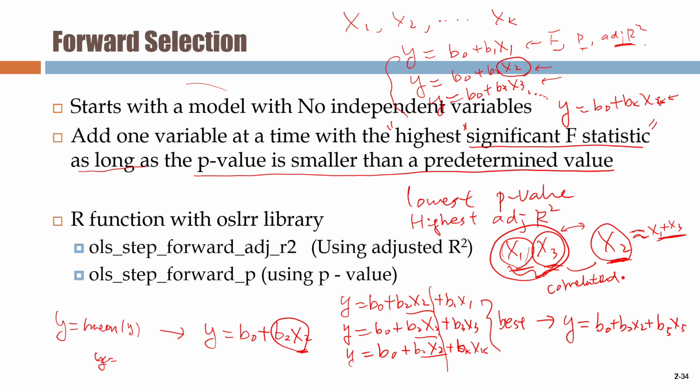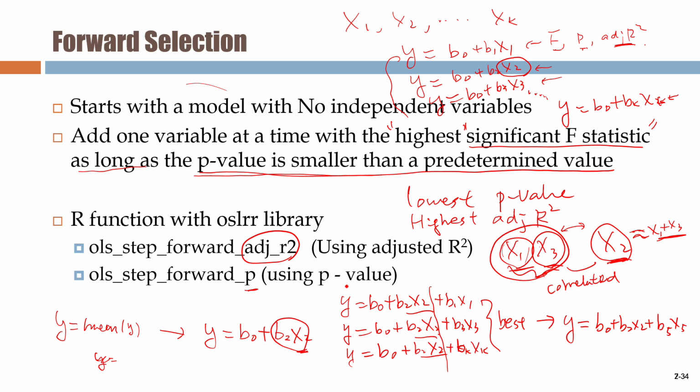So forward selection is just choosing, just keep adding, with a certain criterion, the p-value or something like that, and you just stop. You can use adjusted R, so you just keep adding new variables until adjusted R is not increasing at all, or you can keep adding until a certain p-value is not reached.